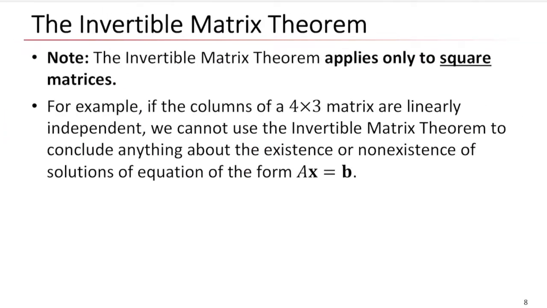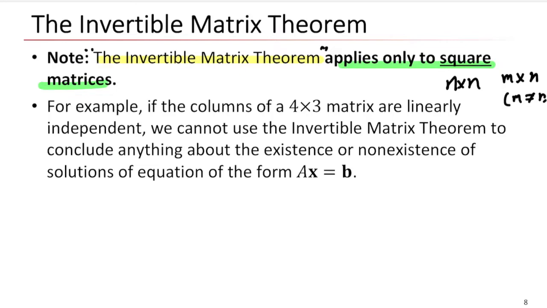So yeah, here's one more concept. Please note that the invertible matrix theorem that we discussed today only applies to square matrices, something like an n by n matrix. This theorem cannot be applied to the general case, something like m by n, where m is not equal to n.